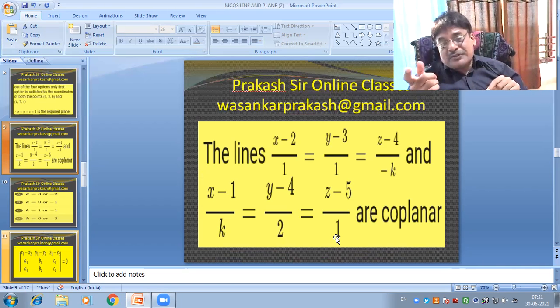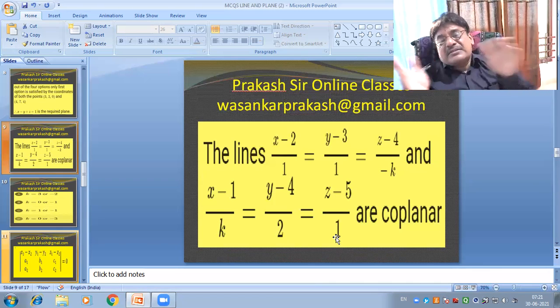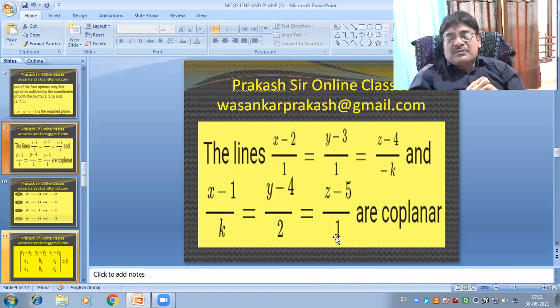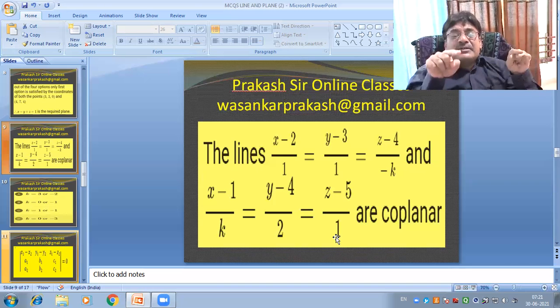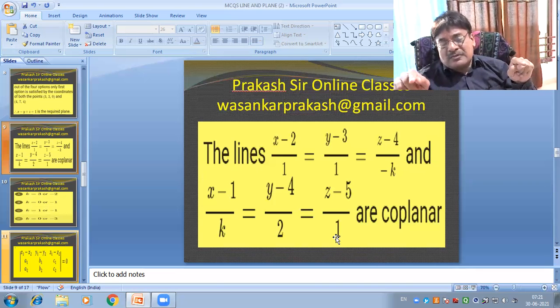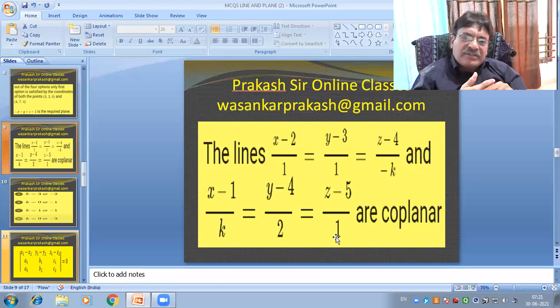Box product equals 0 means the determinant equals 0. So we get one formula: the determinant with first row x1 minus x2, y1 minus y2, z1 minus z2, second row a1, b1, c1, third row a2, b2, c2, equals 0. Then we evaluate this determinant to get the required values of k.